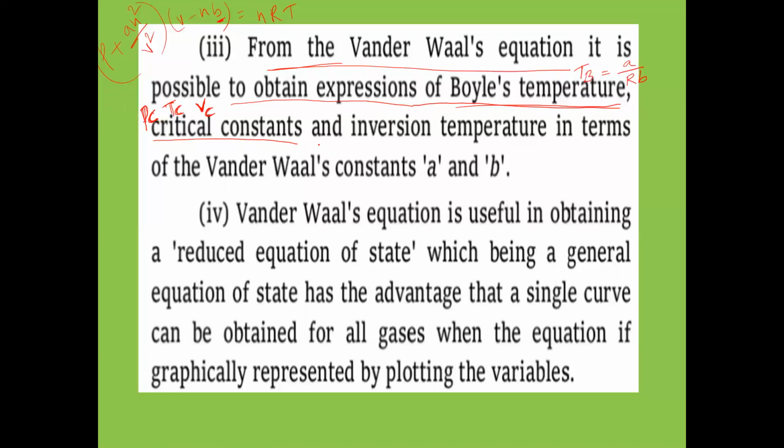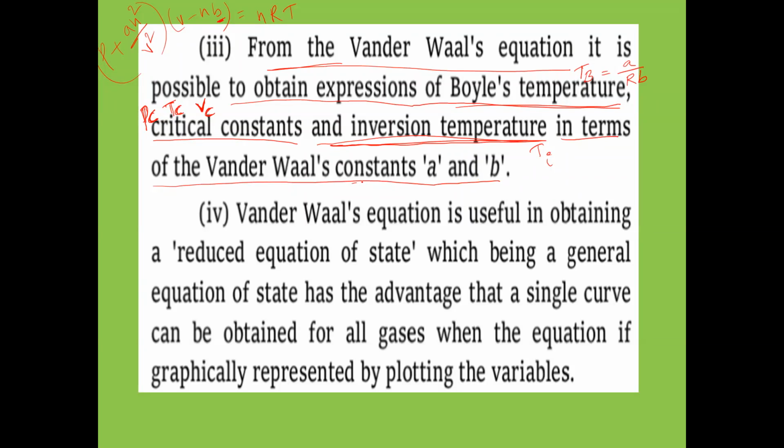We can also express the inversion temperature, TI. We'll discuss this also. But the critical constants and inversion temperature are not there for the coming examination. Remember that these critical constants can be expressed using the van der Waals equation, in terms of the van der Waals parameters a and b.